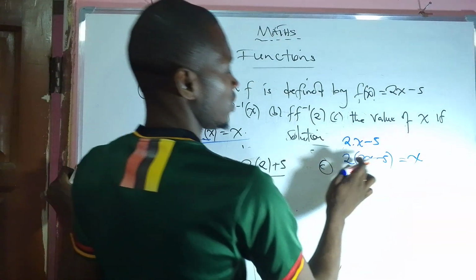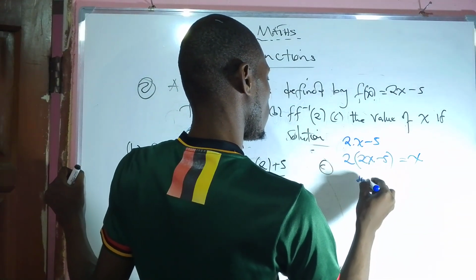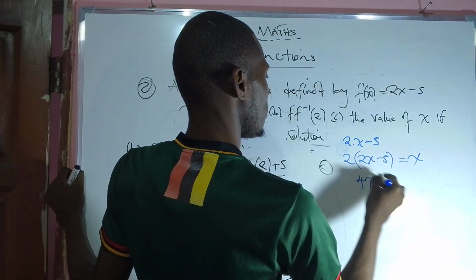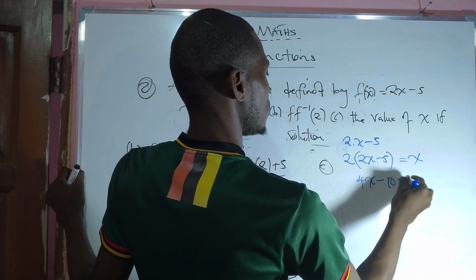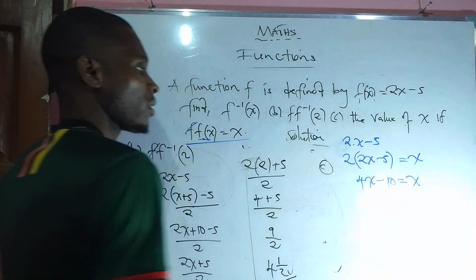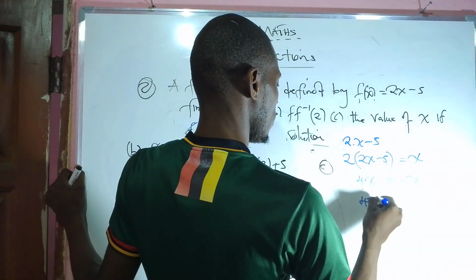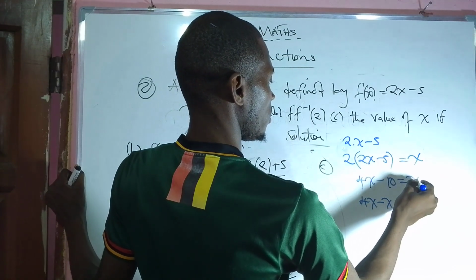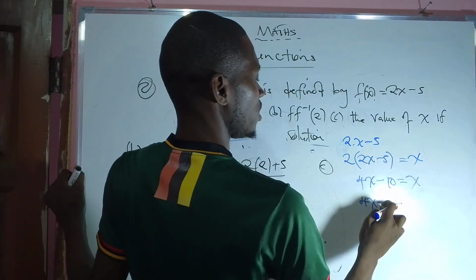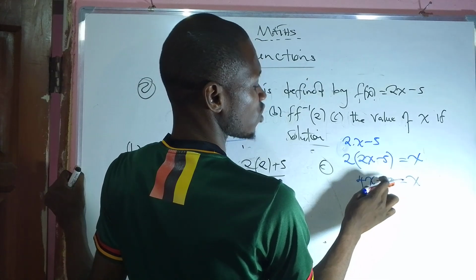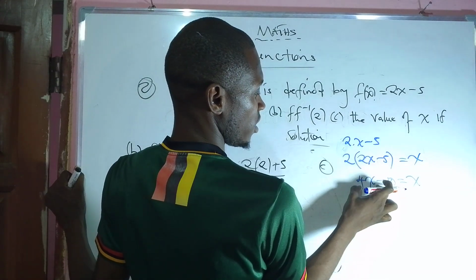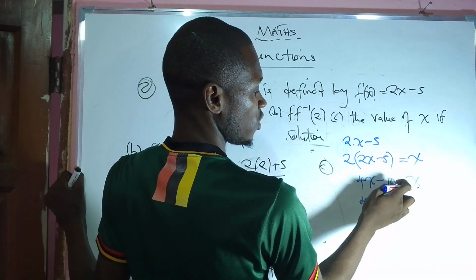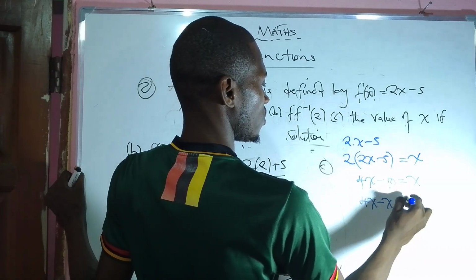Then 2 times 2x, I'll get 4x minus 10 is equal to x. So we'll say 4x minus x. Now this one is positive when it comes here, and this negative is not for this one. This one is negative 10, so it's equal to positive 10.